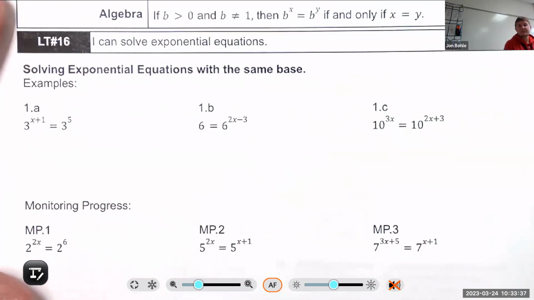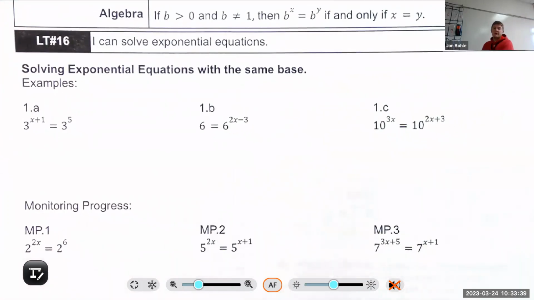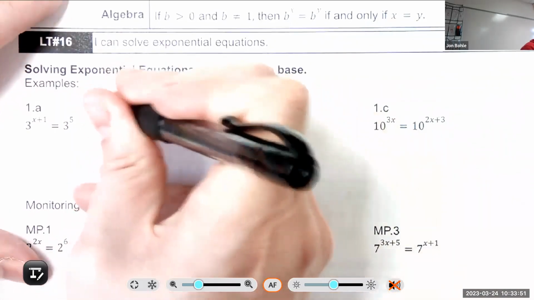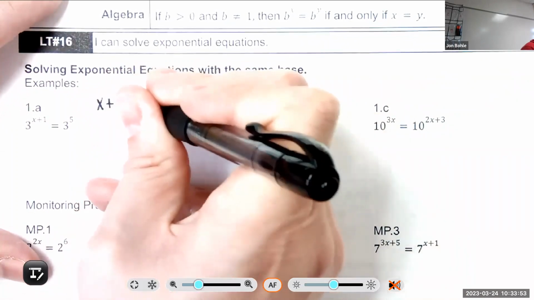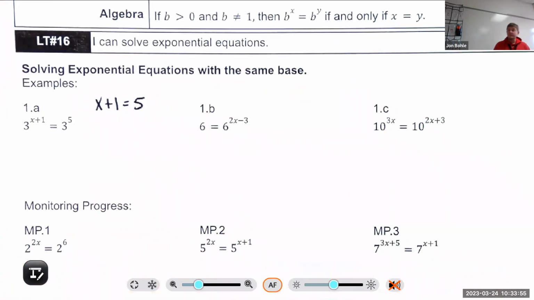So let's go to some examples. 3 to the x plus 1 is equal to 3 to the 5th. Are the bases the same? Since the bases are the same, the exponents are going to be the same also. So that means x plus 1 is going to be equal to 5.